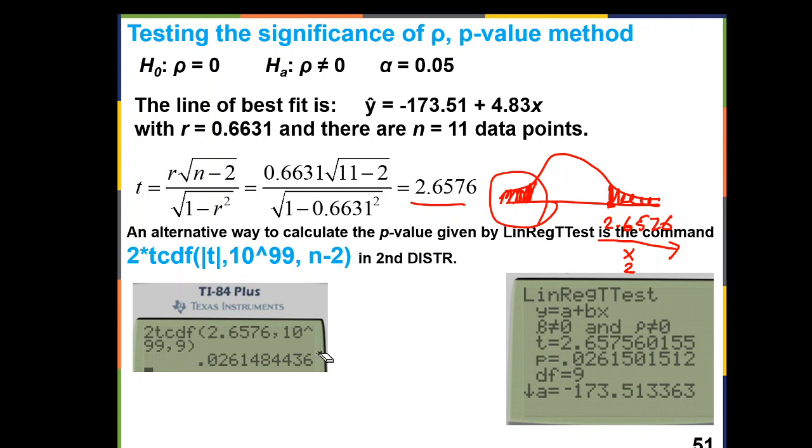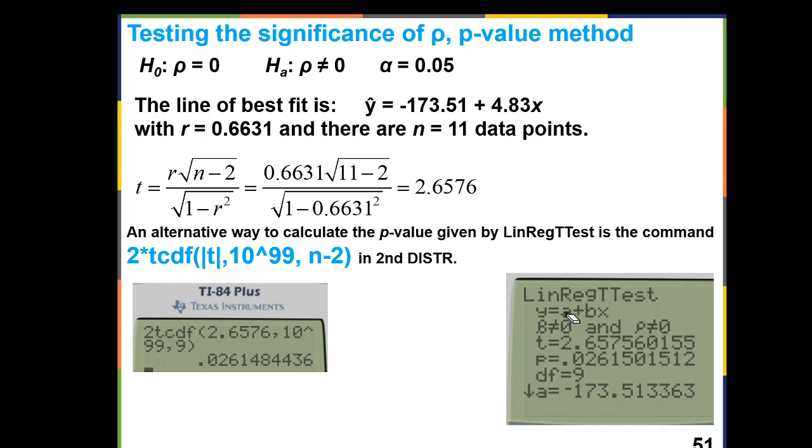See, 0.026, it's a little bit off, of course, because we did some rounding here. If you don't do any rounding and let the calculator use all the decimal places, you get the same answer. All right, so that means that the p-value is smaller than alpha, so we reject the null hypothesis right there.